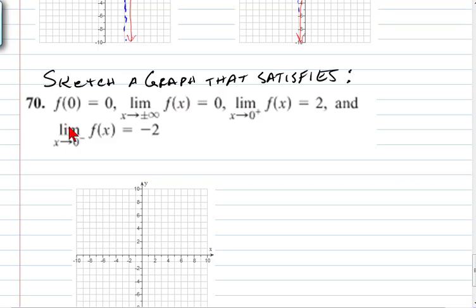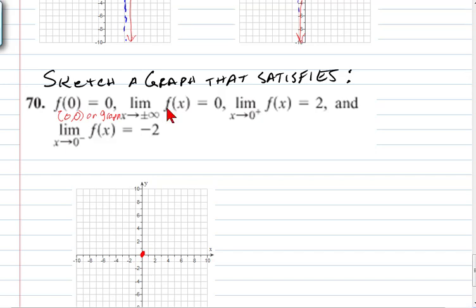Okay, first of all, f of 0 has to be 0. What does that tell me? F of 0 means that I have a point 0, 0 on the graph. Right? So I can put a point right here at 0, 0.